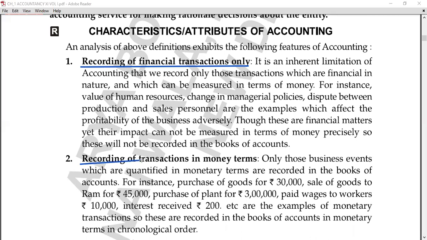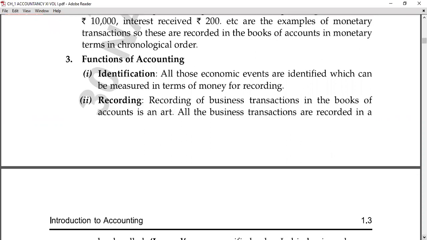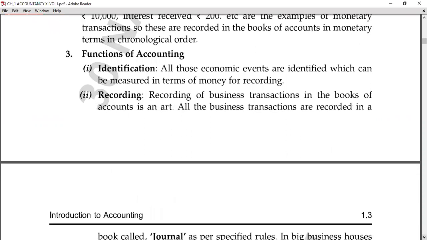सेकंड इज रिकॉर्डिंग ऑफ ट्रांजेक्शन इन मनी टर्म्स. Whatever transactions you want to record in the books of accounts are recorded in the money terms. Monetary value उनको दी जाती है. Like for in India, it is presented in terms of rupees. After that, we do have certain other characteristics. Functions of accounting. We studied the functions of accounting yesterday.